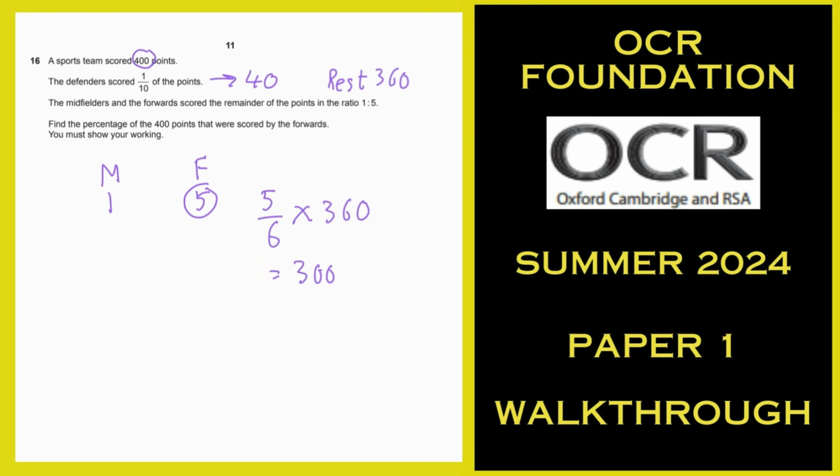And that is 300 points. Now you've got that info, now you can turn it into a percentage. The forwards scored 300 out of the 400. You may know it's 75% already.